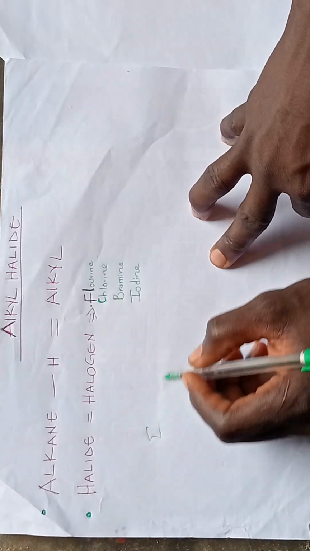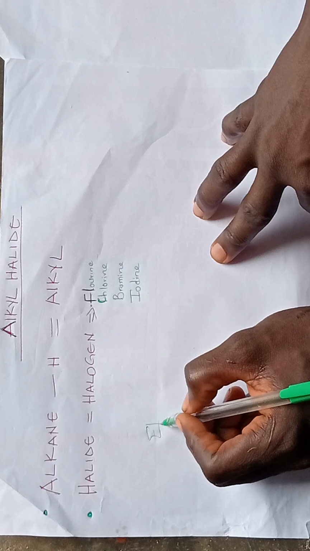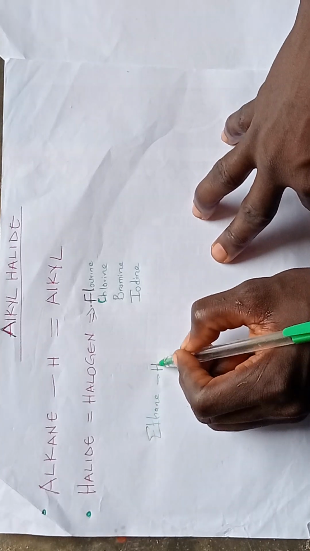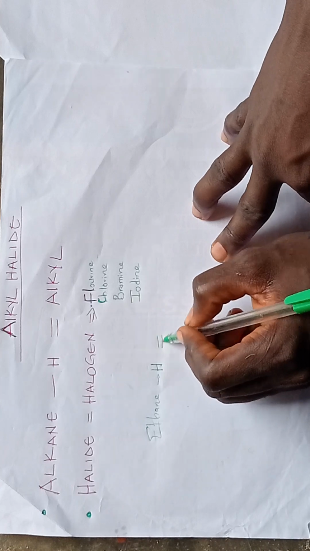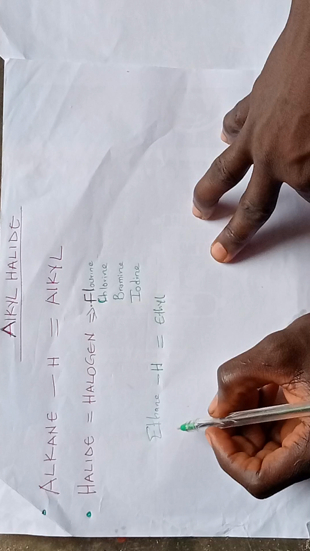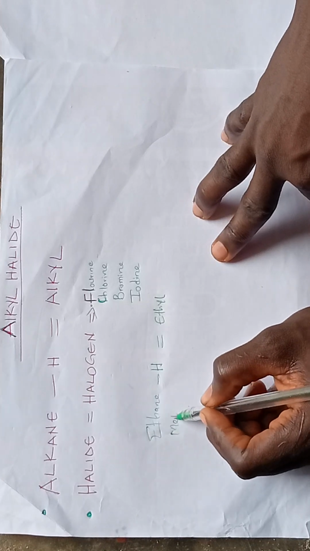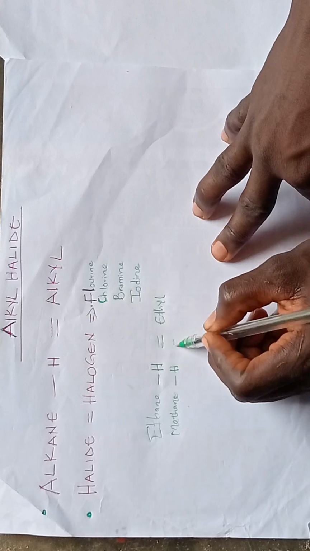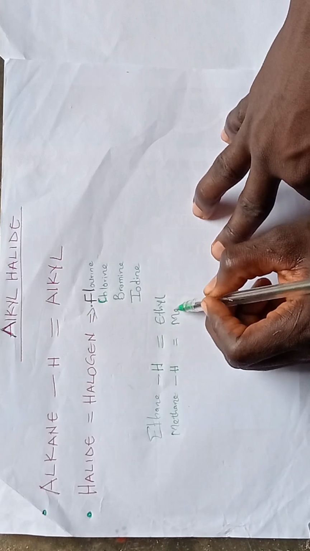So it means if this is ethane and you subtract one hydrogen from ethane, you are definitely going to get ethyl. And if this is methane and you subtract one hydrogen from methane, you are going to get methyl.